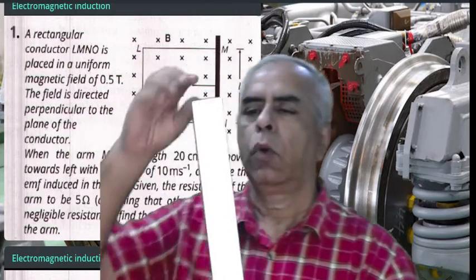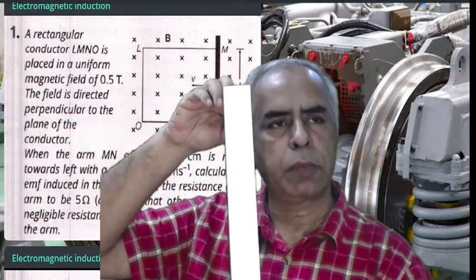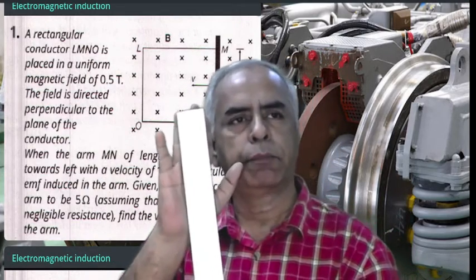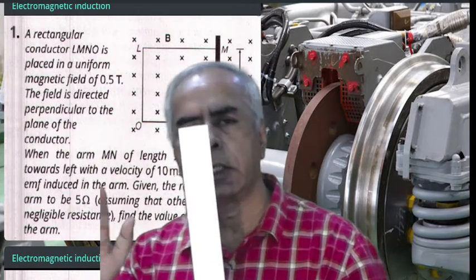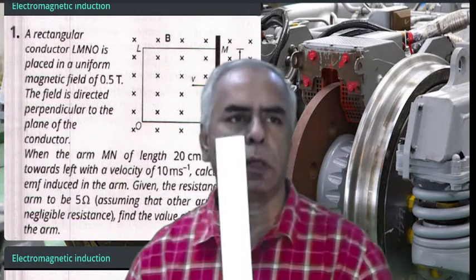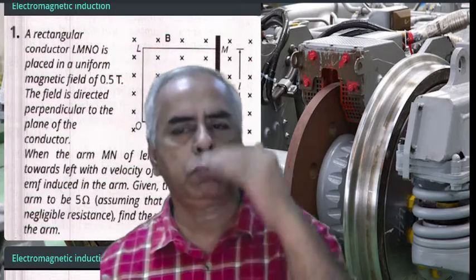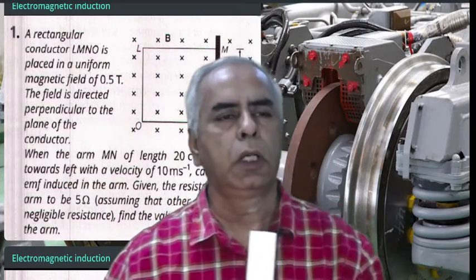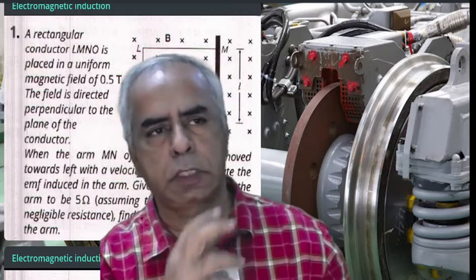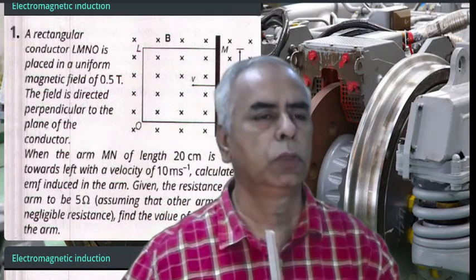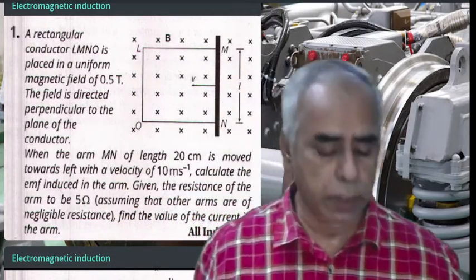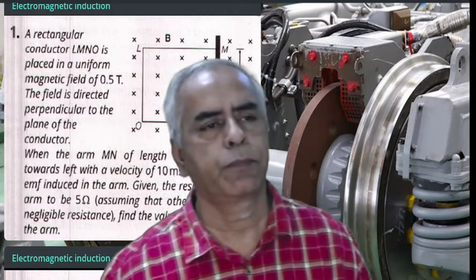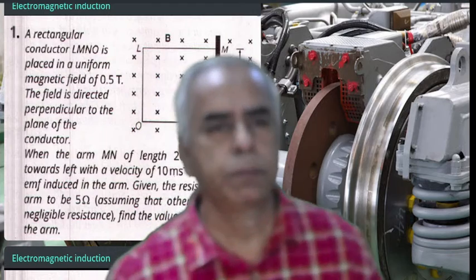The free electrons will be moving downward if it is moving right, and upward to M if moving left. So there arises a potential difference. Now the resistance of the arm is given as 5 ohm, so we need to calculate how much current is induced here. Shall we proceed?